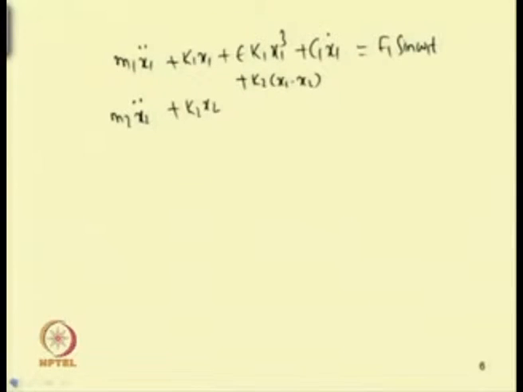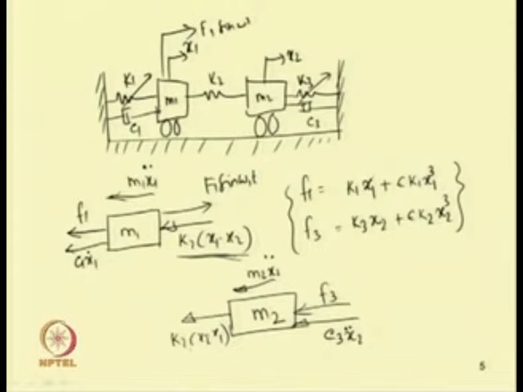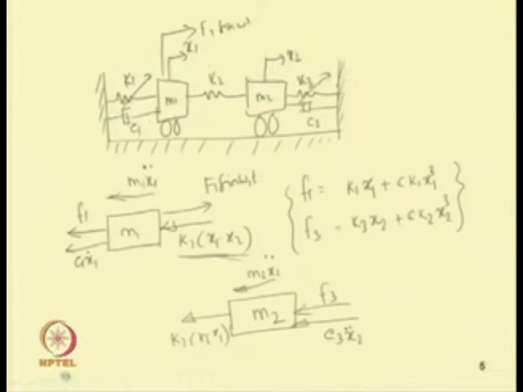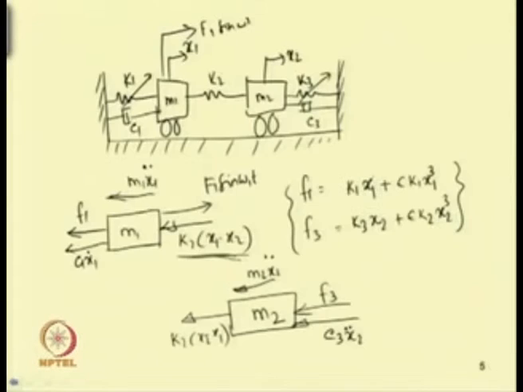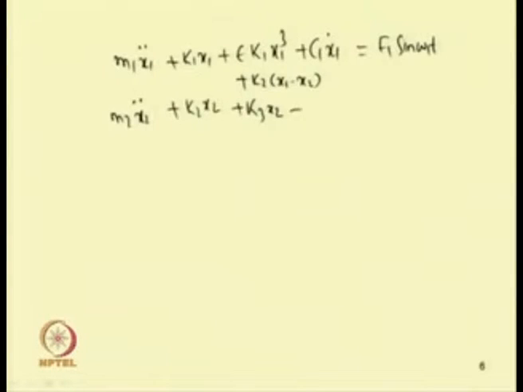Similarly, for the second equation m2 x2 double dot plus k2 x2 minus x1 plus f3 is k3 x2 plus epsilon k3 x2 cube.